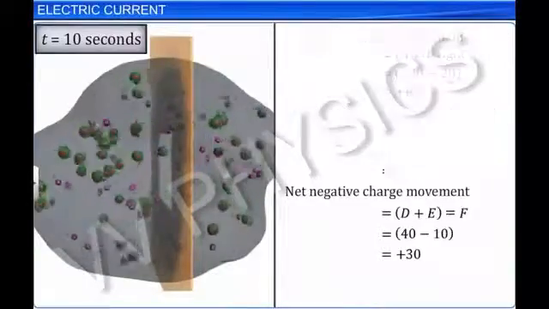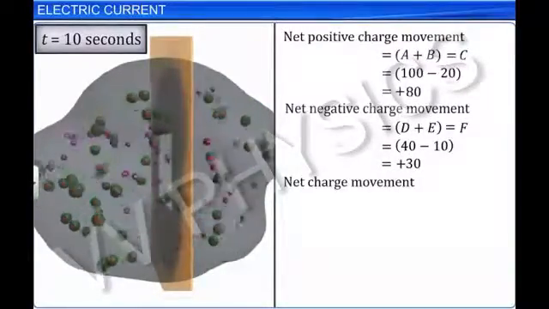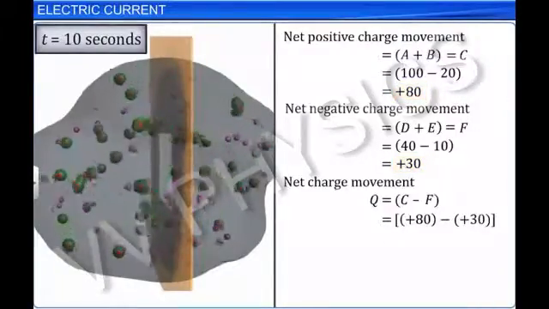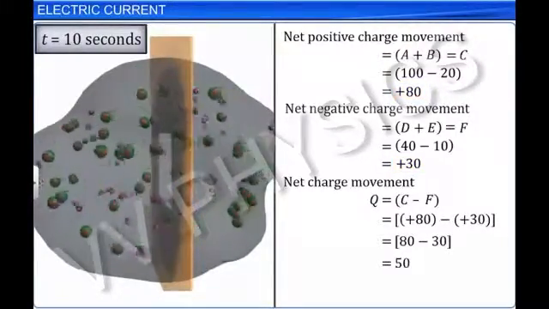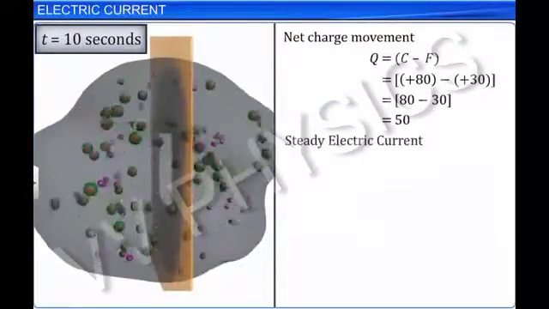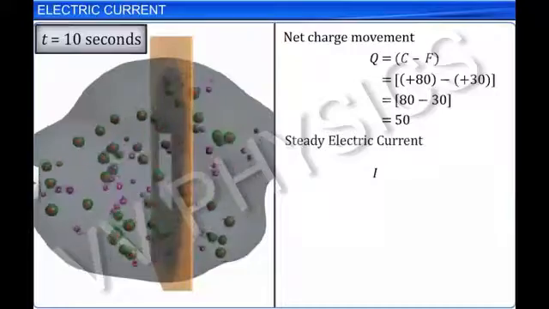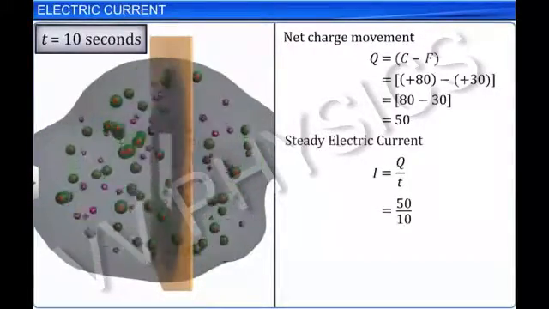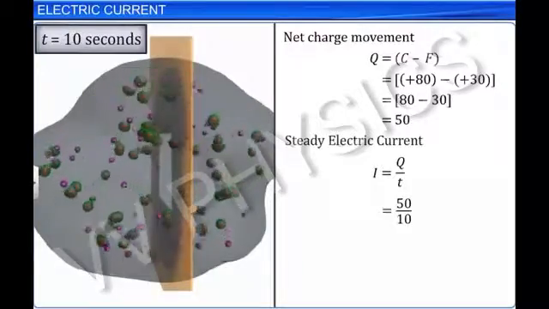The net charge movement, Q, is equal to C minus F, which is equal to 50. A steady electric current, I, is denoted by Q by T. By substituting the values of Q and T, we get the value of I as 5 units.